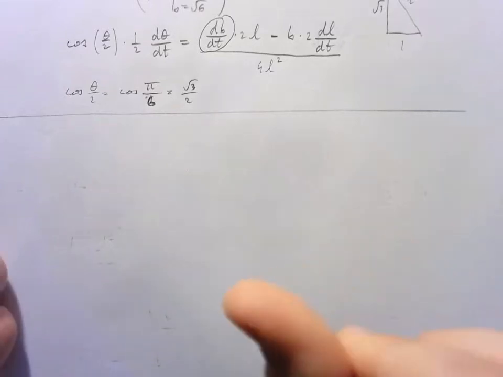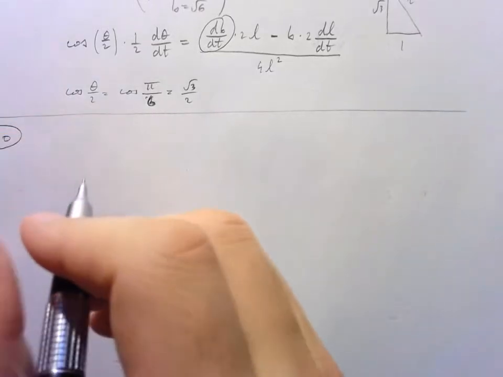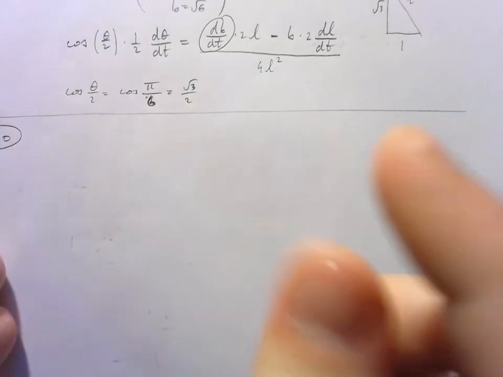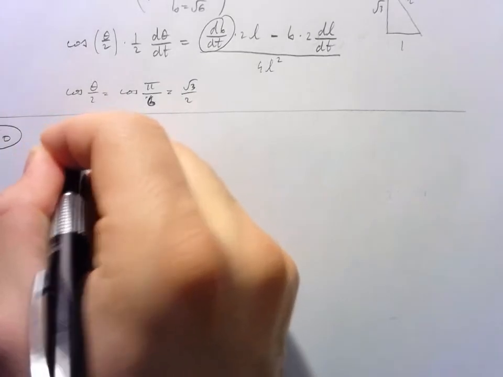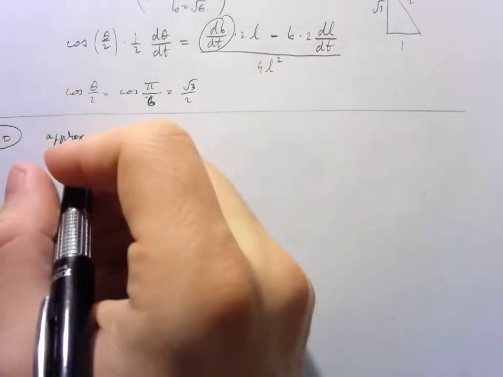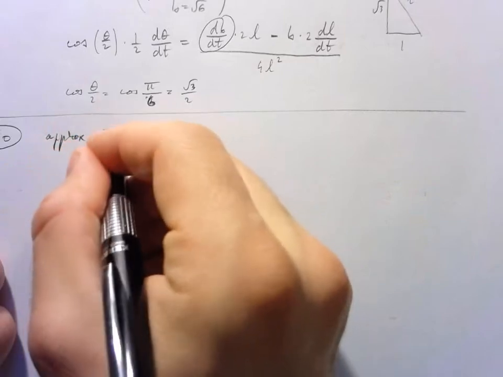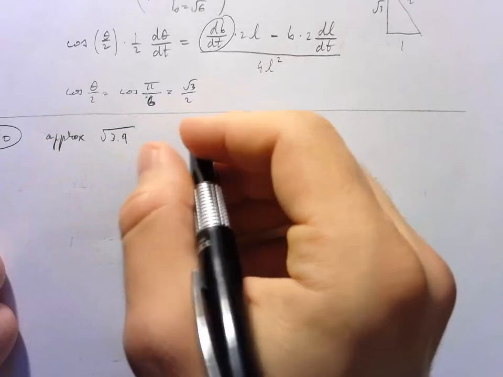That's problem 19. Let's go ahead and do problem 20, which is a linearization problem, and we're asked to approximate the value of square root of 3.9 first.